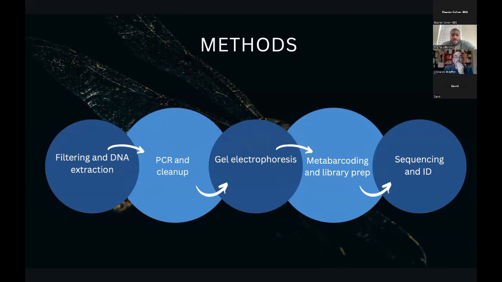And so one of these steps was a further cleanup step using magnetic beads to help us rid the PCR products of any contaminants that might have slipped through the cracks in the DNA extraction process. And so despite trying to get rid of all the off-target amplification and the non-target organisms, which is the main challenge, I would say, for this technique, we still had to carry out some gel extraction, gel electrophoresis, where we used blue light.